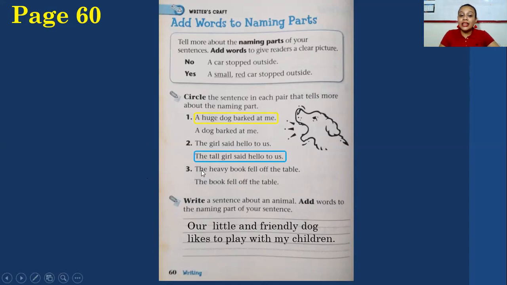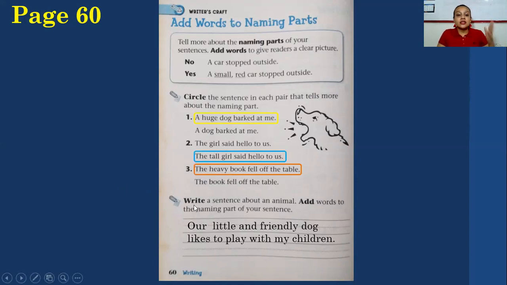And number three, the heavy book fell off the table, or the book fell off the table. Which one is more specific? Yes, the first one. The first one is telling us that the book is heavy. Excellent. Now you are understanding that when we add adjectives, we make our sentence more specific.